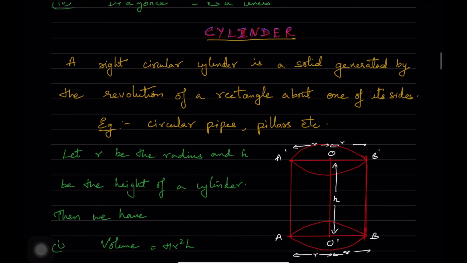A right circular cylinder is a solid generated by the revolution of a rectangle about one of its sides. So you have circular pipes, pillars, etc. All these are nothing but cylinders.